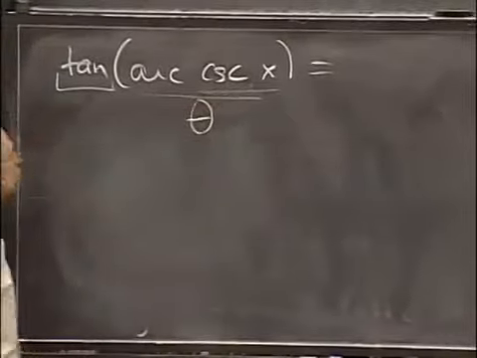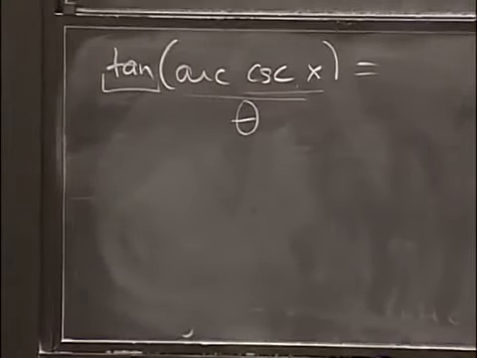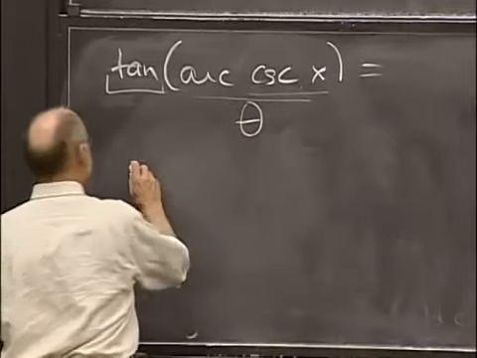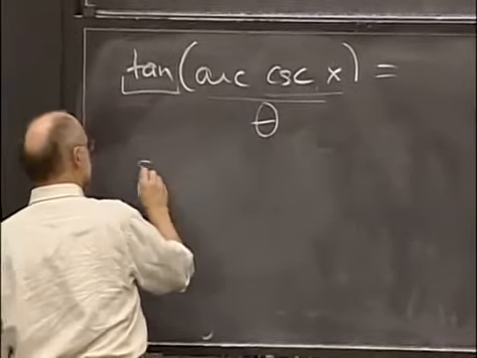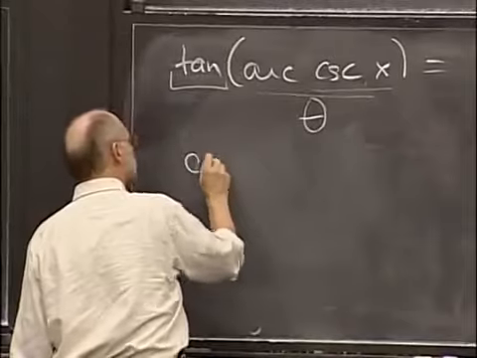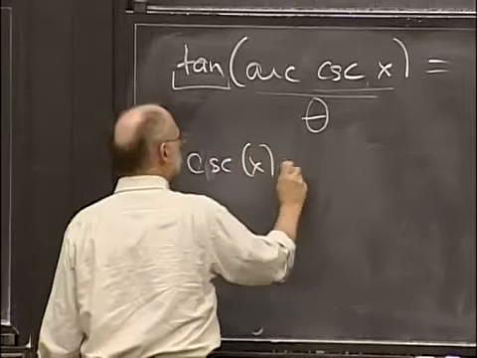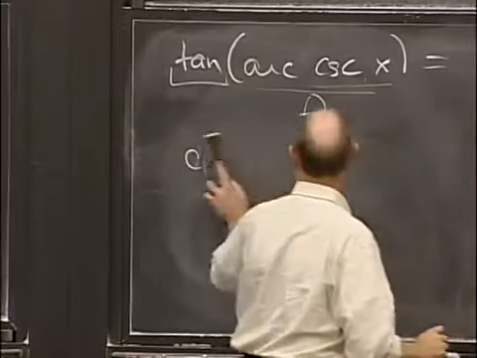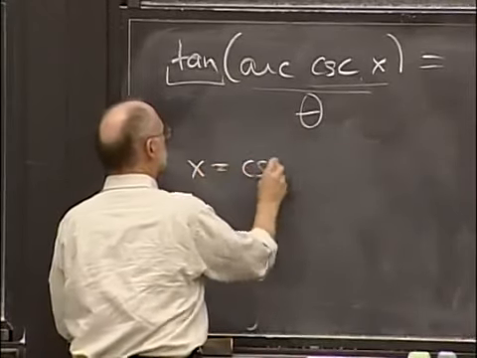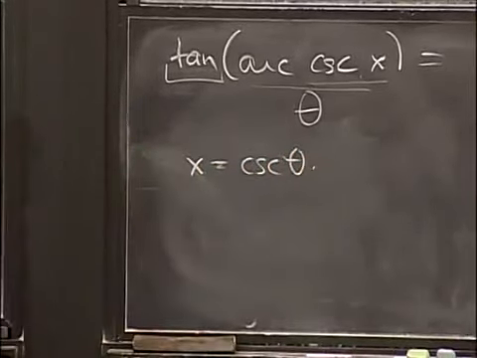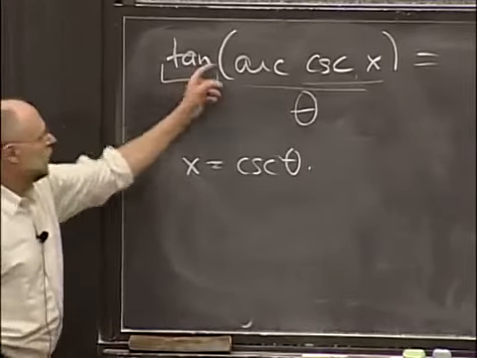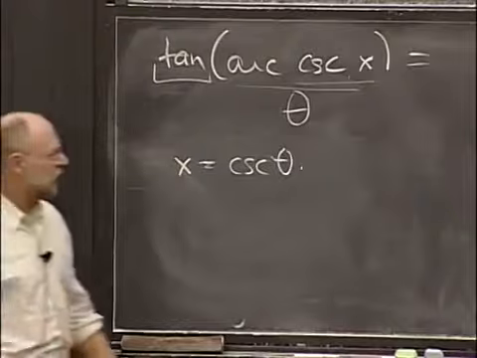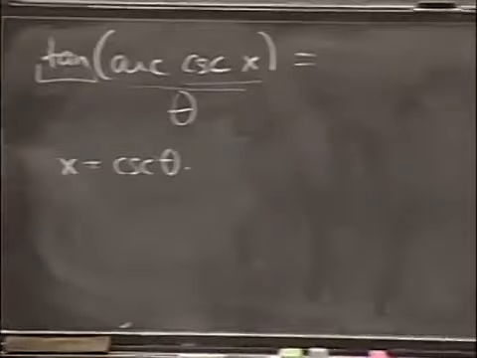This thing is theta. So that means the cosecant of theta should be x. Theta is the arccosecant, so x is the cosecant of theta. So what will I take the sides to be to get the cosecant?